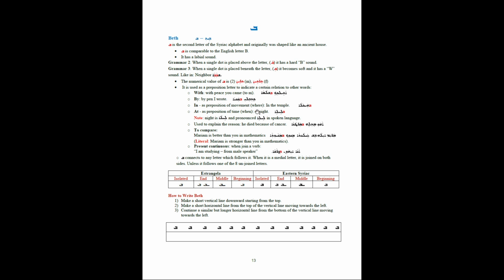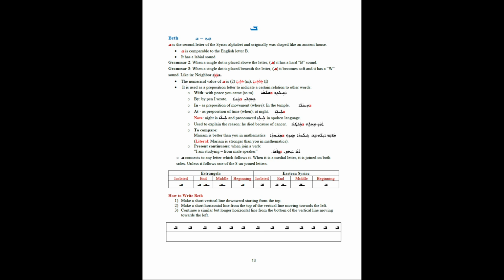For example, when you say at night, blayla. Layla is the classical word for night, and Lele is in the spoken language. So when I say Blele, it means at night.